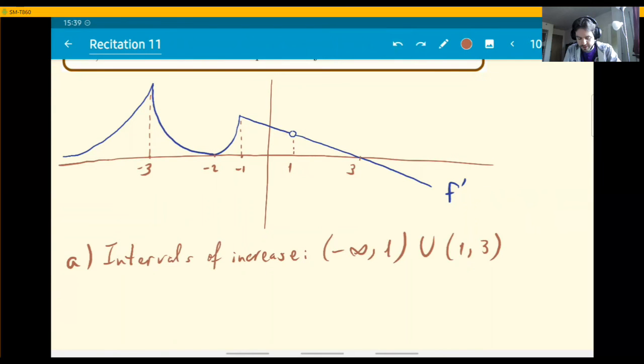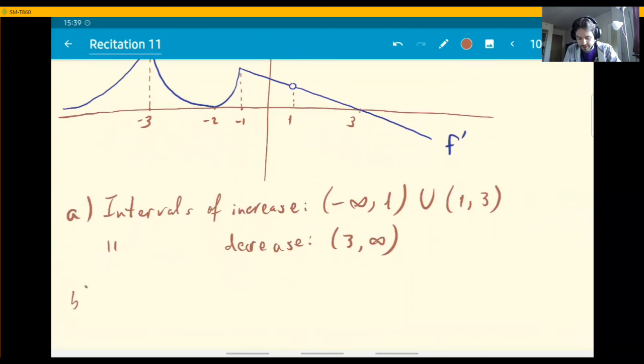Maybe the function was increasing, but then it breaks, goes down, and keeps increasing. So we have to do it like this. And intervals of decrease: after the number 3 is where f prime is negative. That's item A.